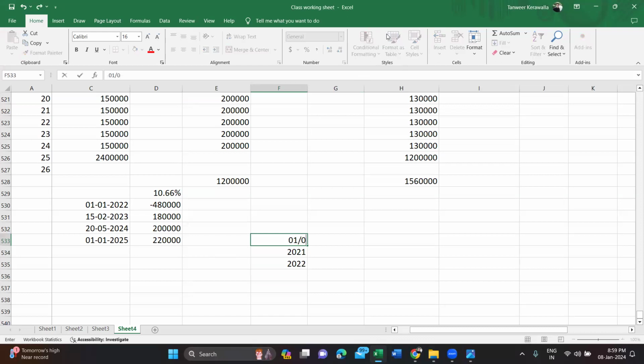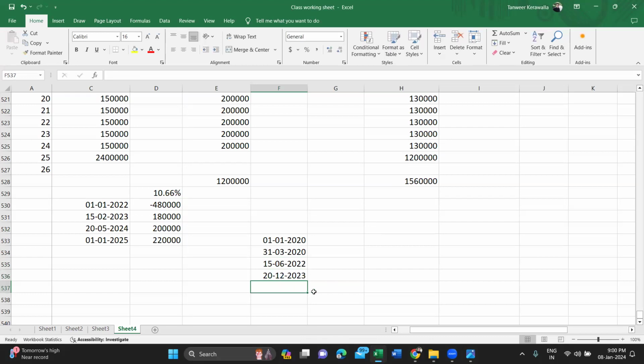The 1st of January 2020, then 31st of March 2020. Then 15th of June 2022, then 20th of December 2023. See, now I've written different formats, so it's not coming. I've only written 2003, so now it came properly on the right side.